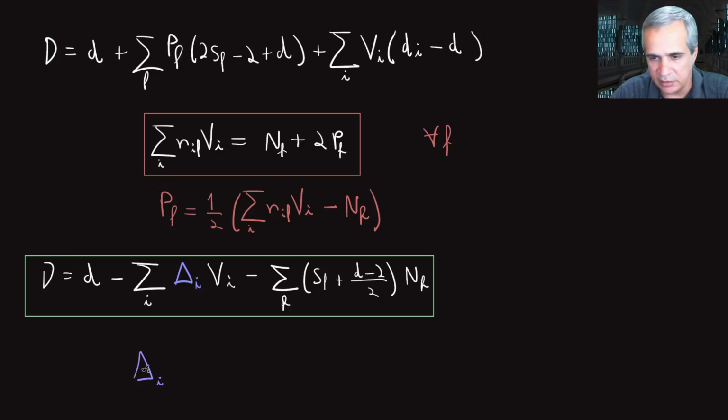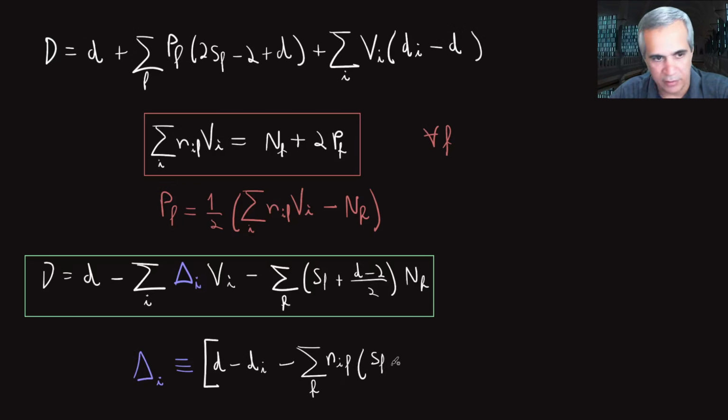This is dependent on the interaction, and of course, the properties of space-time. So this will be given by D, the space-time dimensionality, d_I, the number of derivatives in the interaction, minus a sum over F of N_IF times S_F plus (D minus 2) over 2.